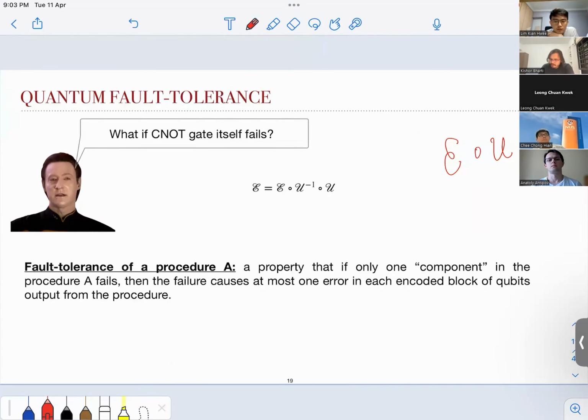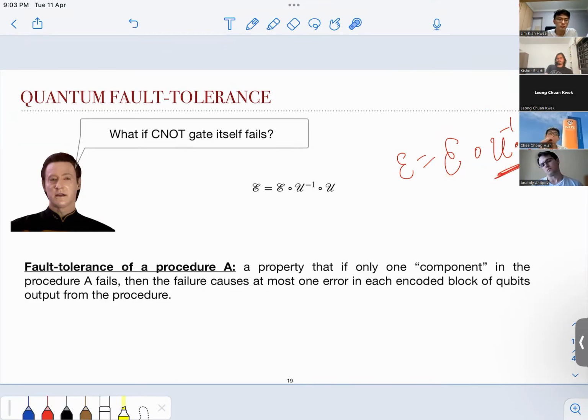Then you can write E as E composed with U and U inverse, so you can add identity, right? So it's as if you implemented U, but together with U, because of your noise, this extra operation also came, which you did not want there. And this is the noise.